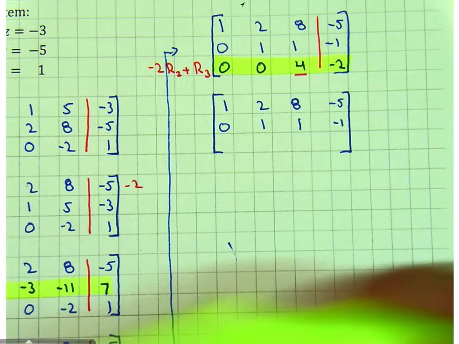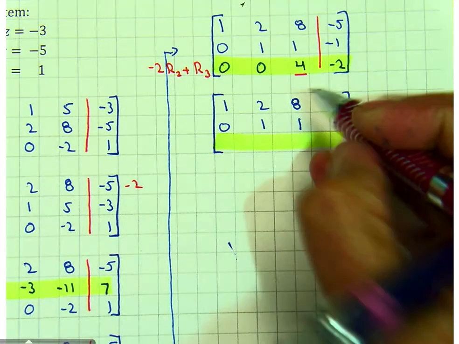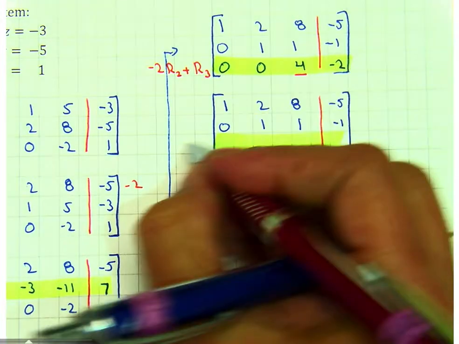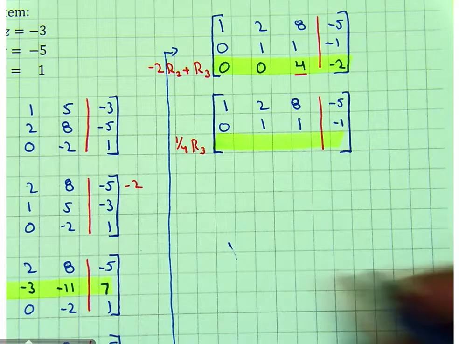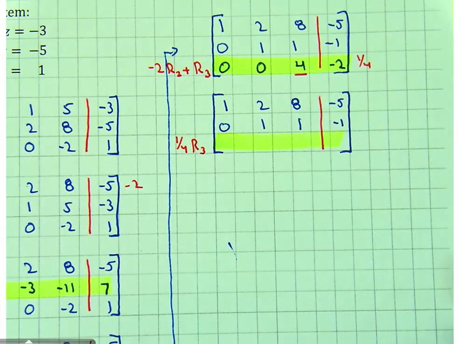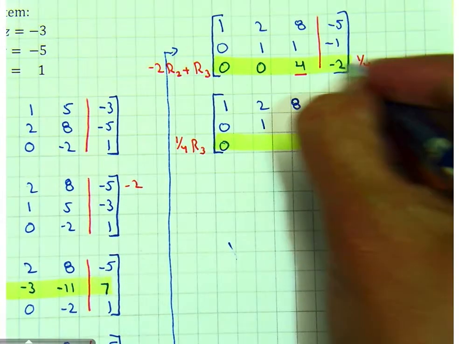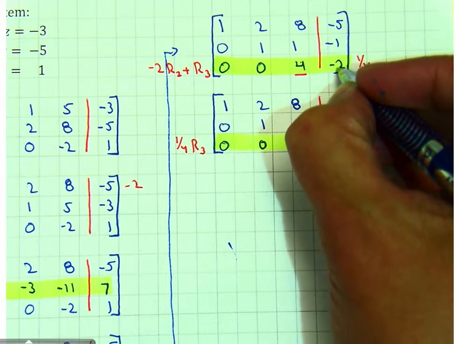The last row is going to change. And I'm going to multiply row 3 by 1/4. And I'm right here, so it makes it a little easier. So it gives me 0, 0, 1. 1/4 times negative 2 is negative 1/2.